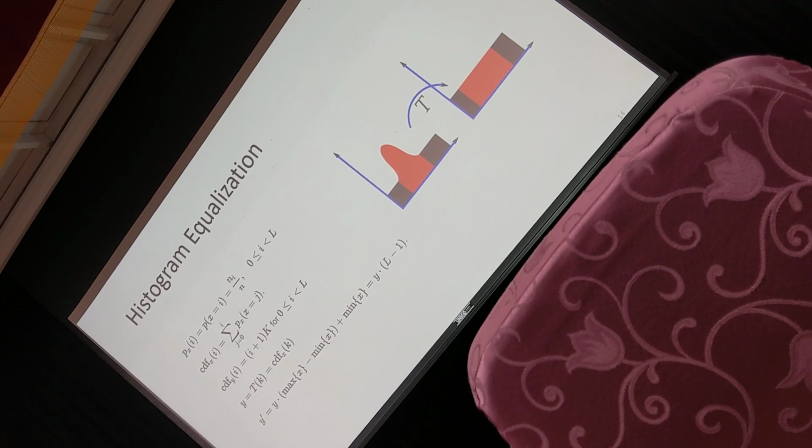The simplest, classic one is histogram equalization. It's a classic algorithm to stretch the bandwidth of the light so that you get an overall average of the light. You can see the two images illustrate the concept.